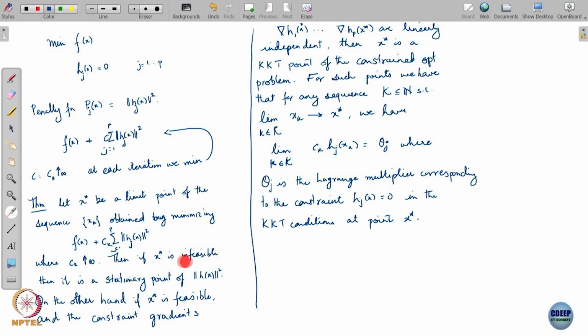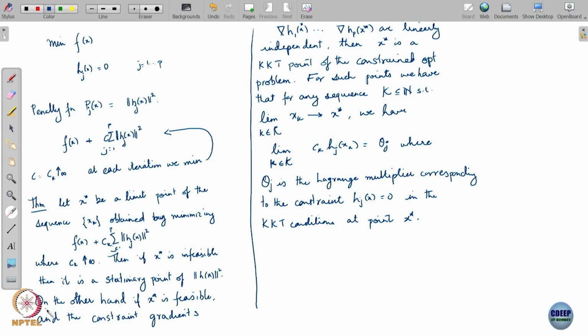One is that the limit point is infeasible for the original problem, in which case it turns out that the limit point is a stationary point of your penalty function. So, you end up at a stationary point of the penalty function, and that may have no relation whatsoever to any solution of the original problem.